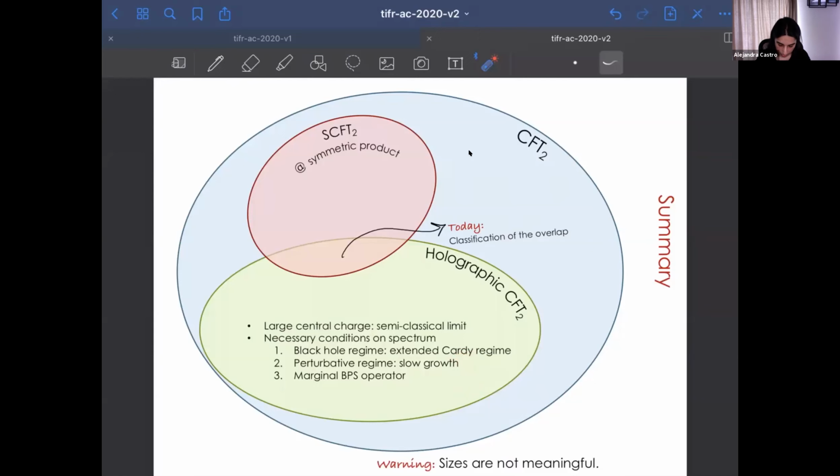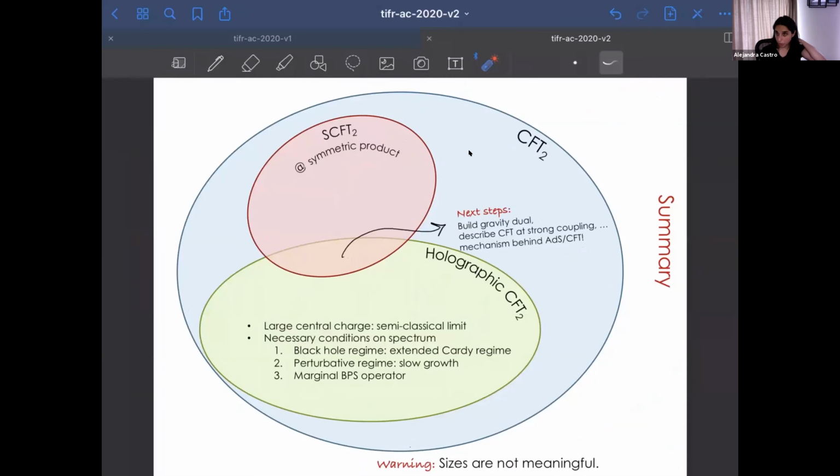So there's a classification of the overlap. In terms of Jacobi forms, there's a complete classification of the overlap. In terms of CFTs, only up to central charge equal to 3 are we able to give you a complete classification of the theories that meet these two criteria.